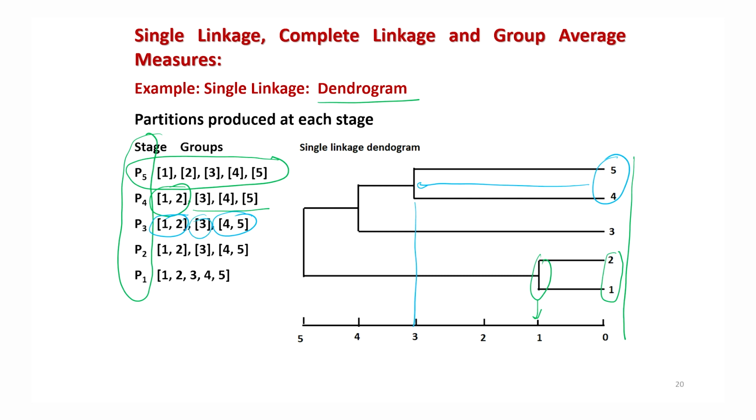Then if you move further, at stage P4 you have these many observations, and finally at P5 you are going to have all the observations together. So this is how you can do it.